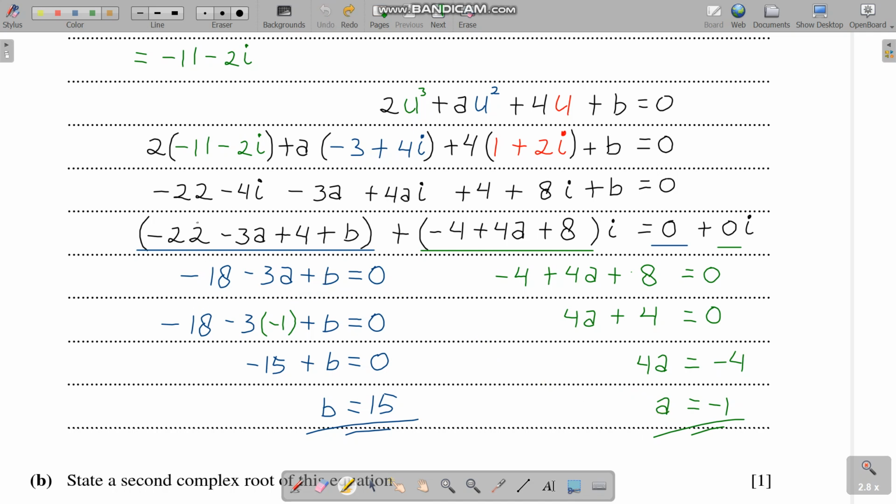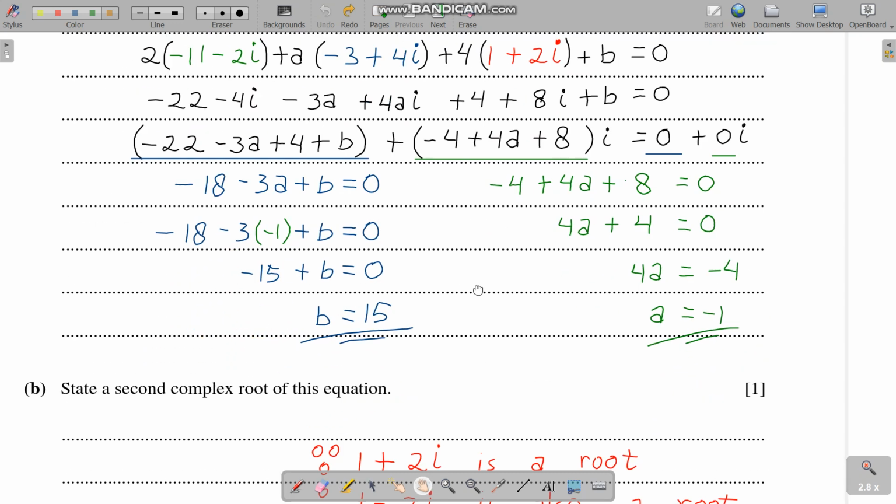We have minus 22 plus 4 is minus 18, by the way. So we replace the a with minus 1, and this is actually plus 3, so this is actually minus 15, and we add 15 to both sides, we get b.